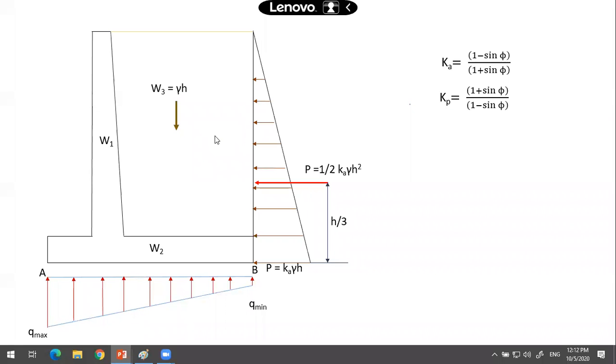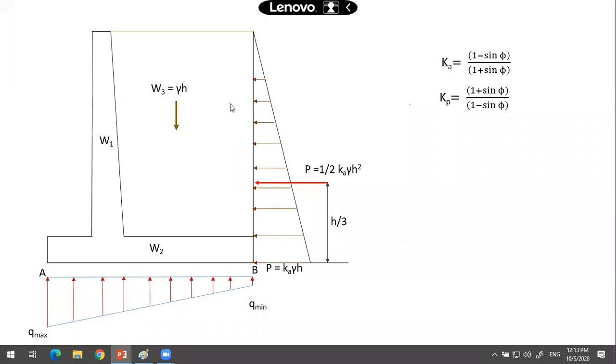What is the weight of backfill? Density of backfill into the height. We'll be taking 1 meter length of this retaining wall. We'll design the retaining wall for 1 meter length like we do for slabs. Then the same section will be provided for the entire retaining wall. It may run for 2 meters, 10 meters, 20 meters. The same thing will be maintained over there.